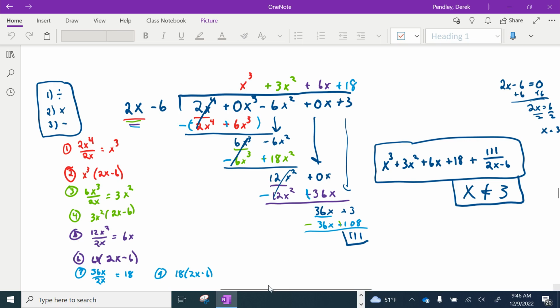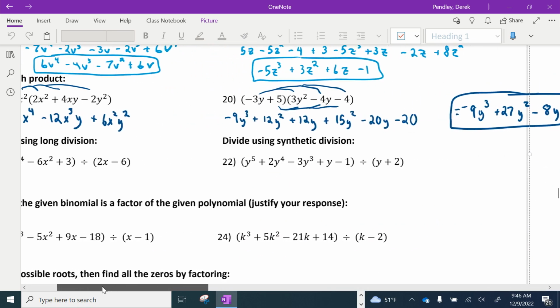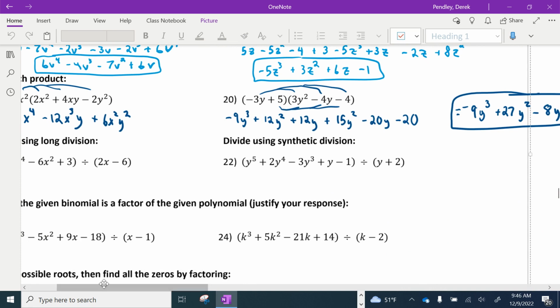All right. So let's go back to the synthetic division. And we have k cubed plus 5k squared minus 21k plus 14.